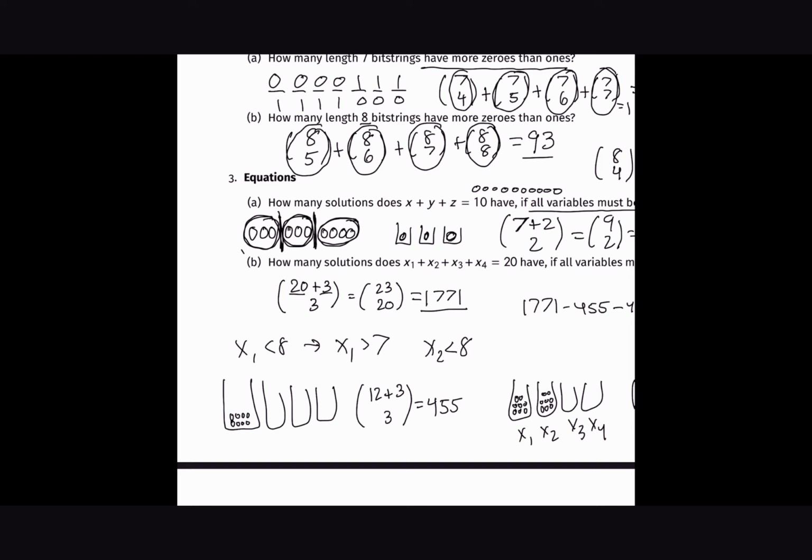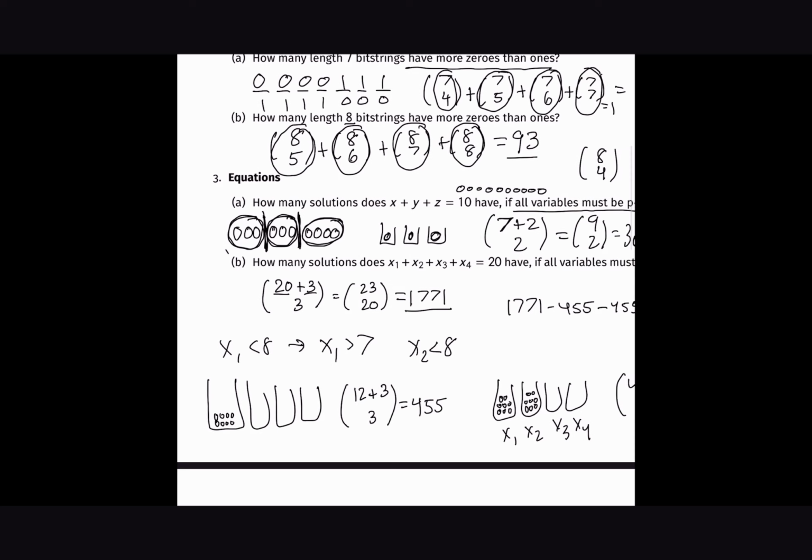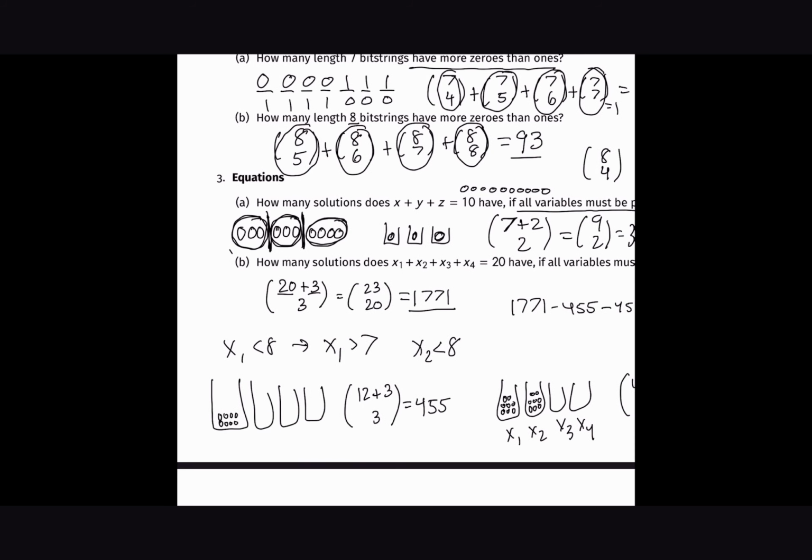So now we have to include the case where x1 is less than 8. So we can think of the cases where x1 is greater than 7. We find all the ways that x1 can be greater than 7, and then subtract that number of possibilities from our total.